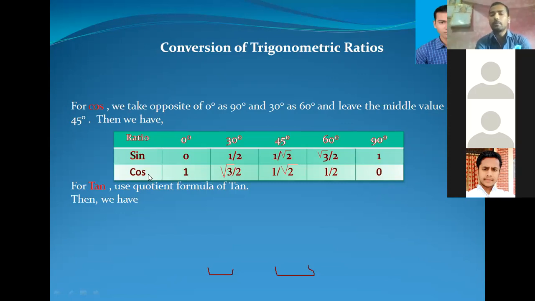In the same way, cos 45 degree is the same, no change. Cos 60 degree changes to sin 30 degree, so 1 by 2. Cos 90 degree changes to sin 0 degree, it means 0. Is it okay? Okay, sir.